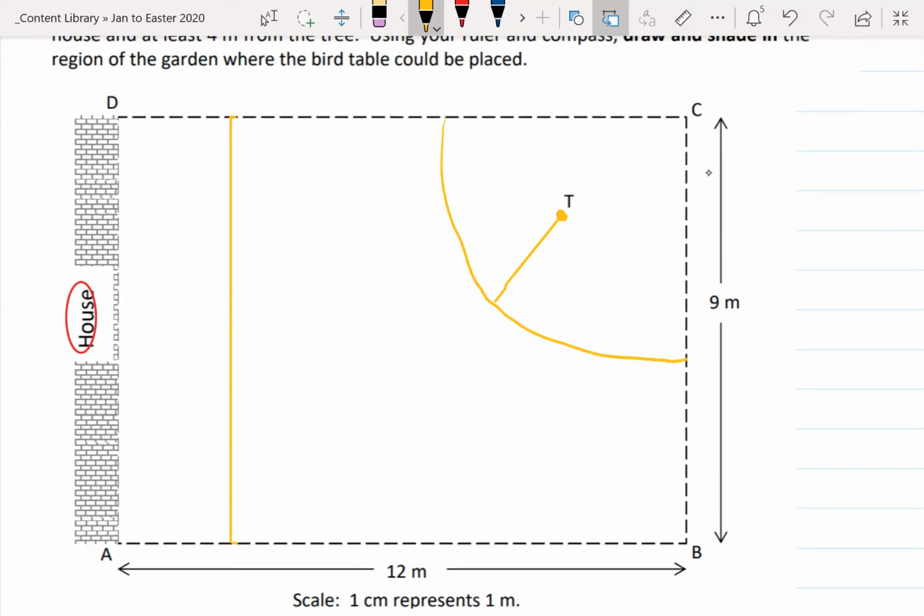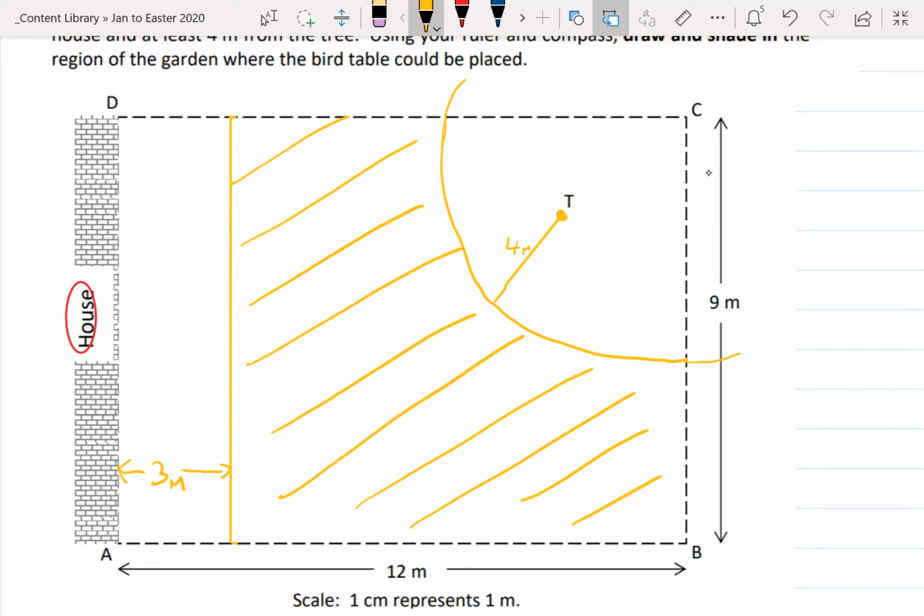Now I can't draw a circle here, so we'll just have to pretend that that was 4 centimeters. In reality it's 4 meters, and from here to here was 3. So the bird table can go anywhere in here. Anywhere at all in here, it'll be at least 4 meters away from the tree and at least 3 meters away from the house. I hope that makes sense.